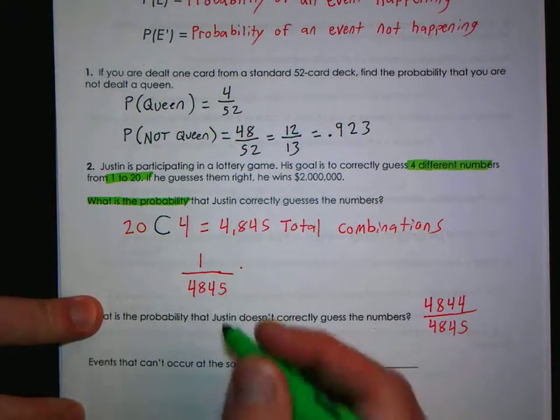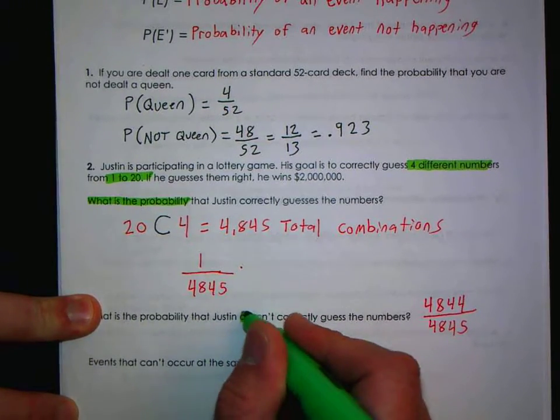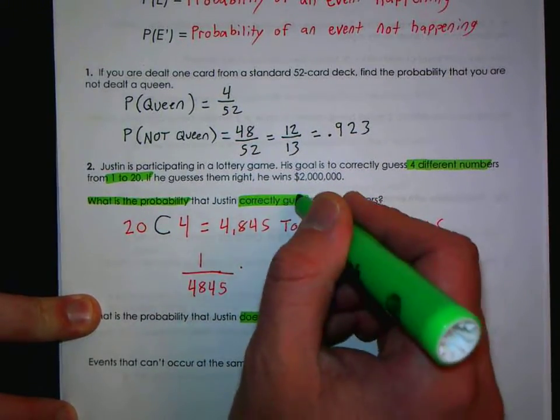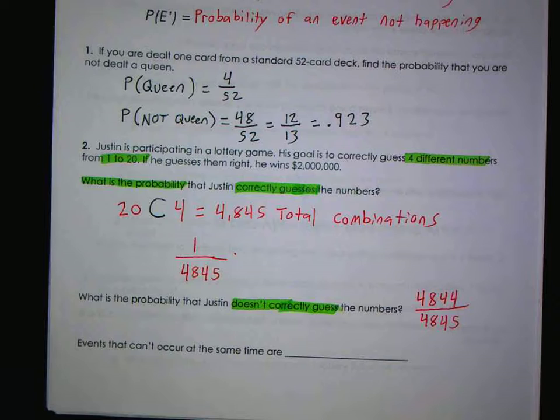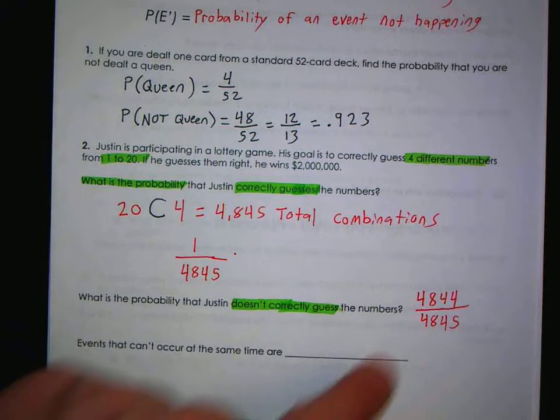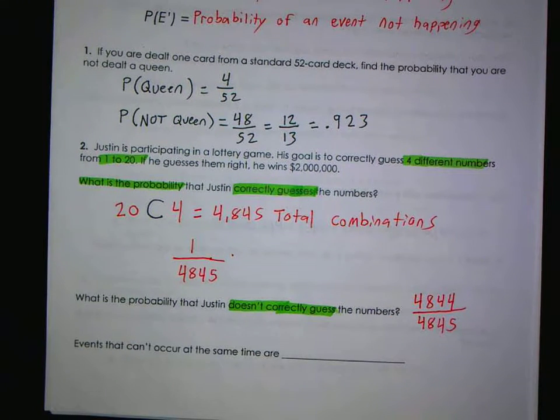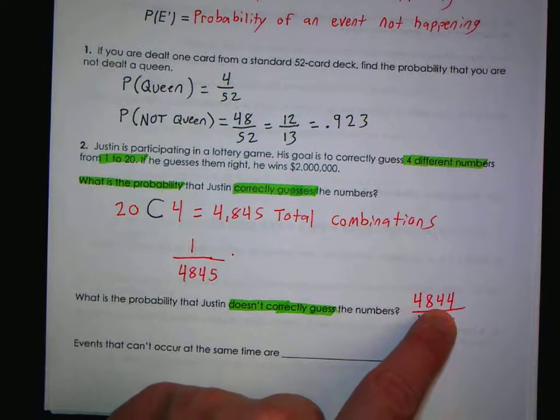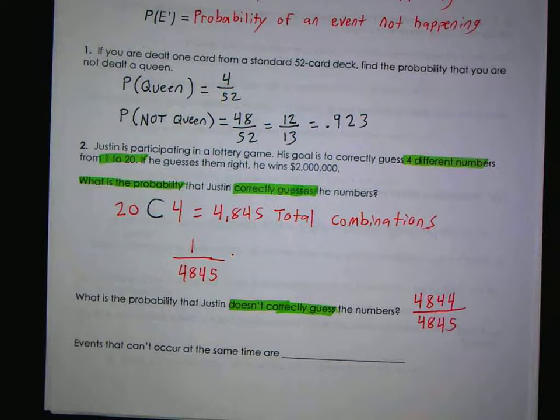And that's the probability that Justin doesn't correctly guess. You can convert that to a percentage, and you know how to do that. I'm okay with the fraction in the homework if you want. Or if you want to write all 3, that's okay too. But yeah, there's 4,844 combinations that are not correct. Questions on that?